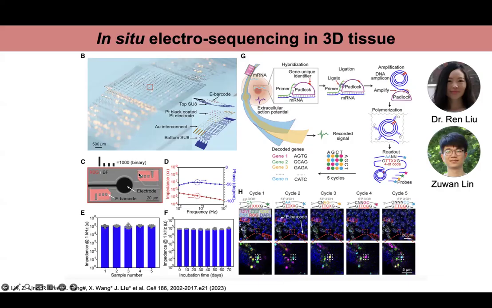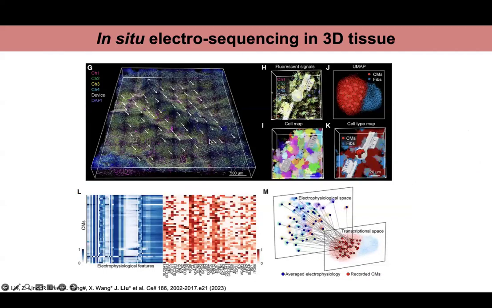And this polymer is doped with fluorescence dye and made through a photolithographic process so that, through multiple rounds of in situ sequencing, it helps us to determine the channel information. So this is the raw imaging of the in situ sequencing result.